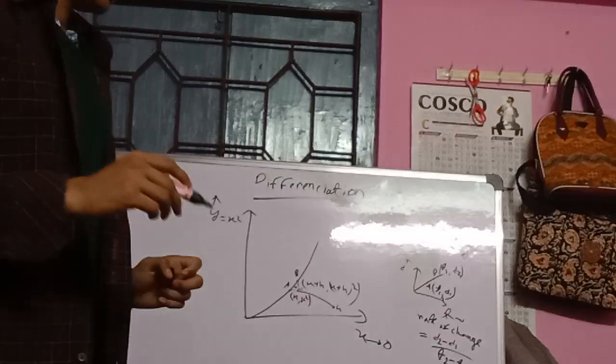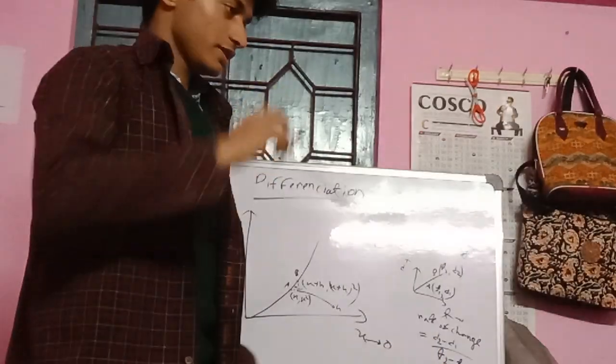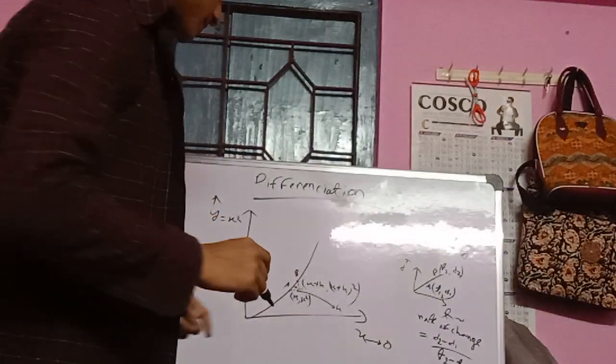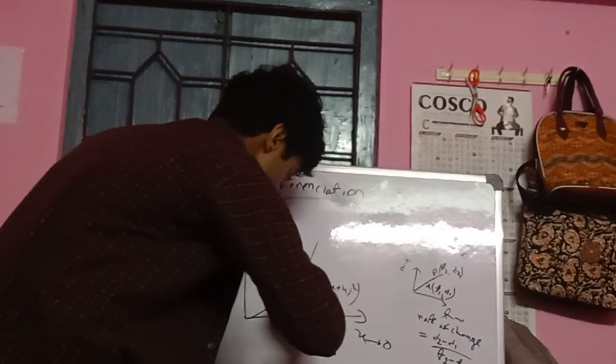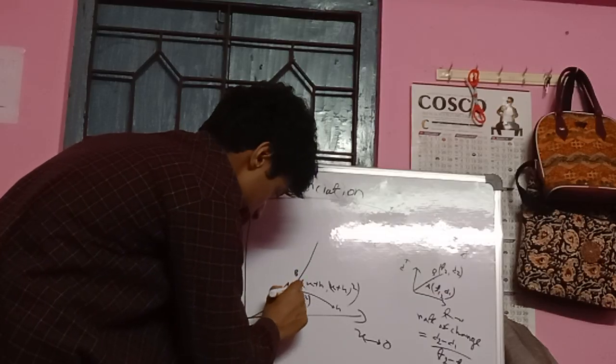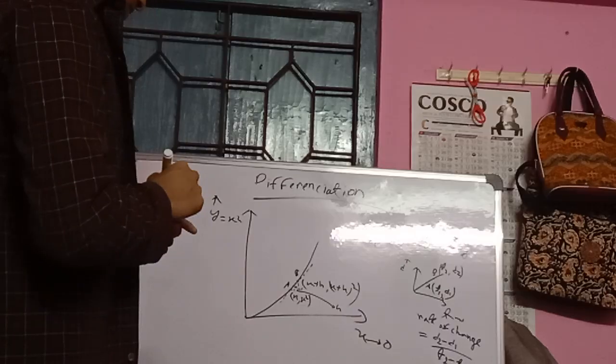And how do we find the rate of change of a straight line? With this formula, y2 minus y1 over x2 minus x1. Nothing fancy with that. Let me draw a straight line here, connecting these two dots. Roughly looks like a straight line.